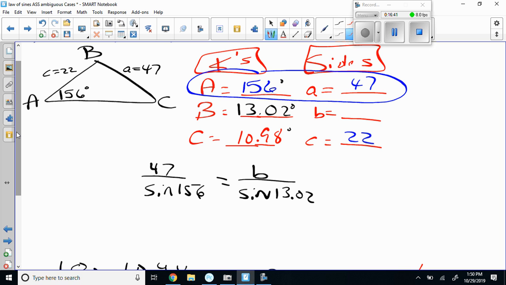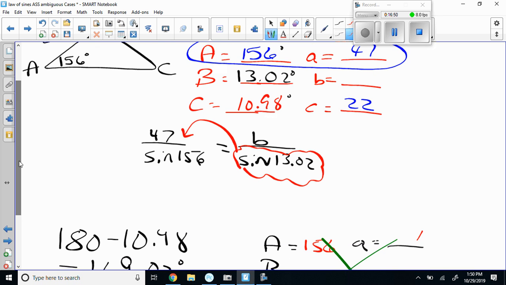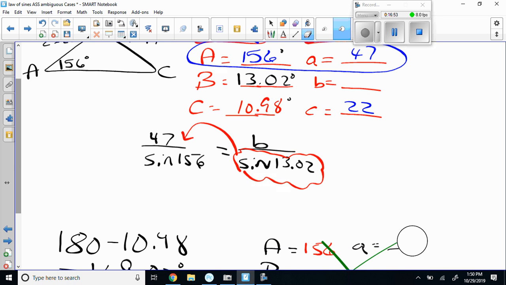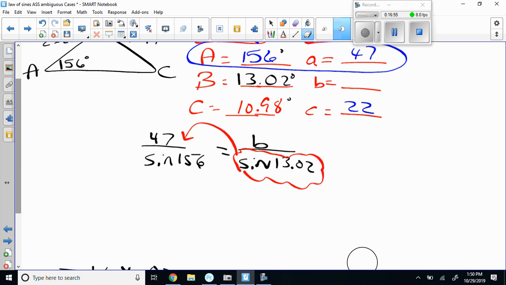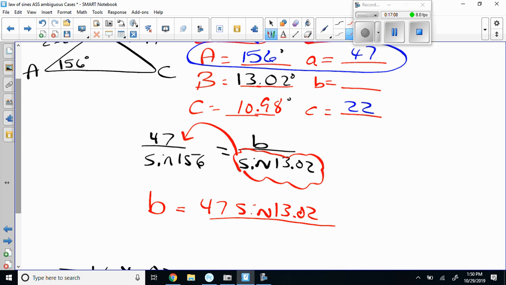We know that this right here is going to go where? Up there, right? That will leave me, erase some more, that's going to leave me with B equal to 47 sine of 13.02 divided by sine of 156, right?